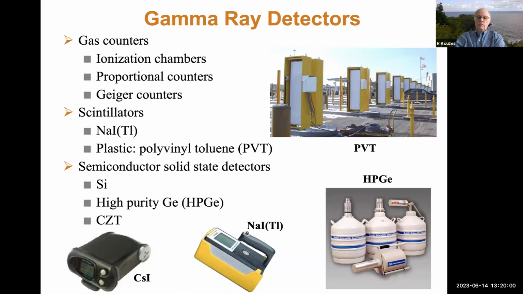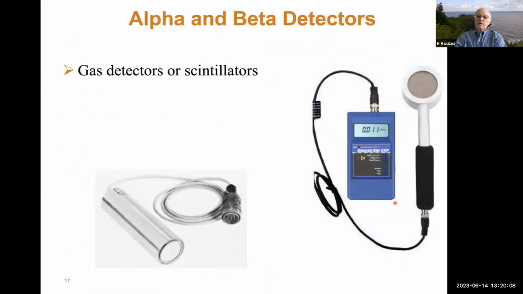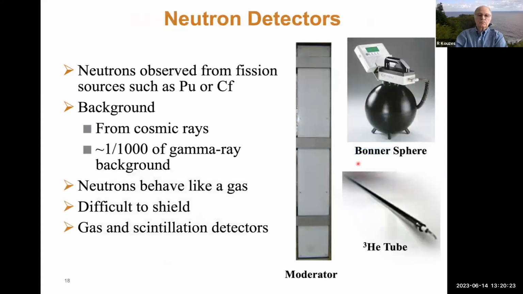Maybe a kilogram is a large high purity germanium detector. Alpha and beta detectors might be scintillators or gas counters. They are usually used for survey purposes and not for spectroscopy as much as gamma rays are.